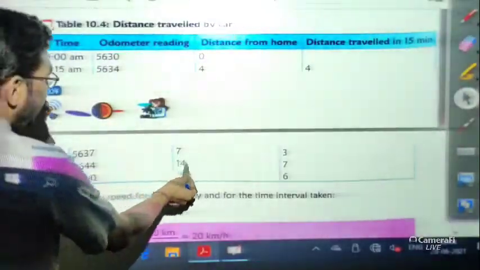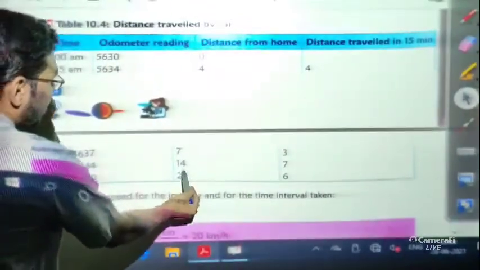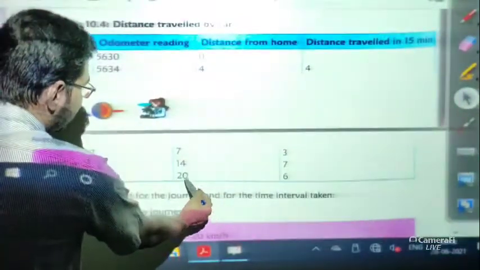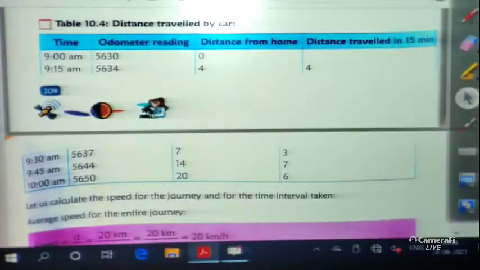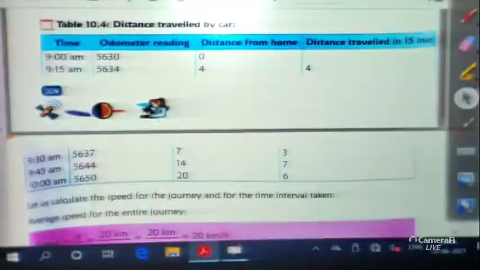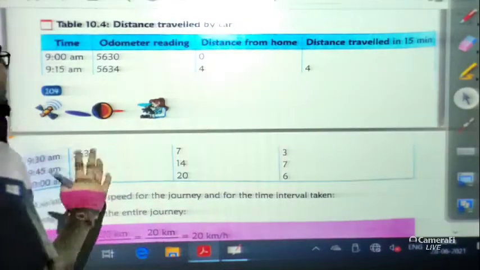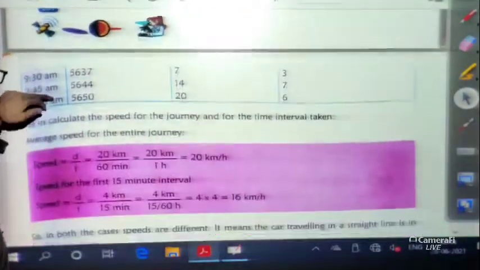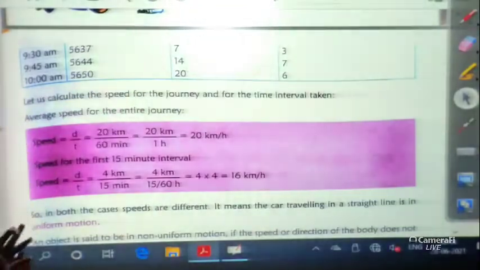Then 7 kilometers in 3 minutes, then 14 kilometers in 7 minutes, and lastly 20 kilometers in 6 minutes. That means you can see here that the distances and the times are not uniform, or not equal to each other. Now if we find out in this case, just have a look. Let us calculate the speed of the journey.